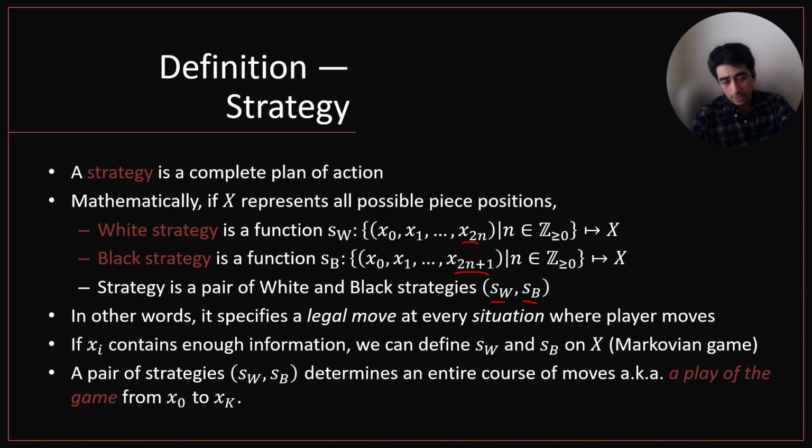But if you assume that xi contains enough information that we don't have to go all the way back to the initial position, and say xi represents the state or the situation of the game, similar to the FEN string that I showed you earlier, then you can define the white strategy and black strategy in much easier fashion because these are strategies for the Markovian game of chess.